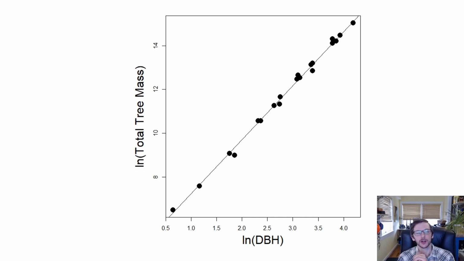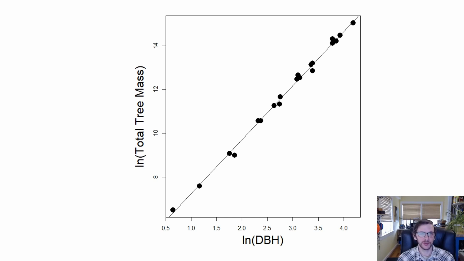So these are sugar maple trees that were harvested, dried, and weighed, and we intentionally chose trees of a wide range of size to create this relationship. And so there's a very strong correlation between the measurement that we're interested in understanding, or the total tree mass, and a very simple measurement to make of tree diameter.